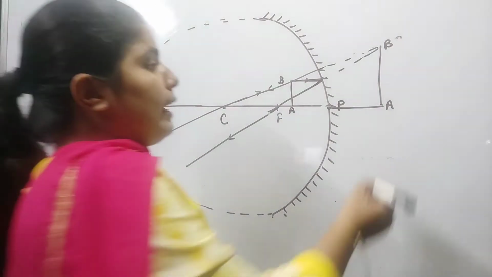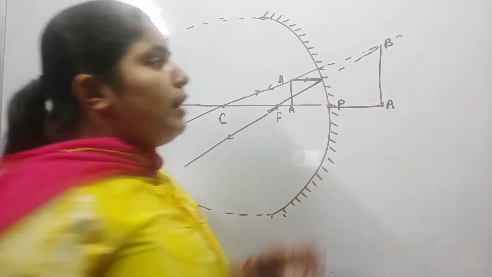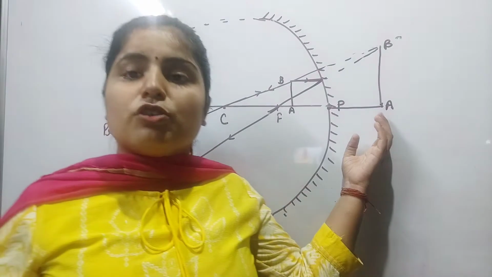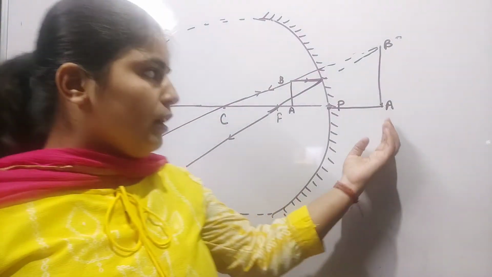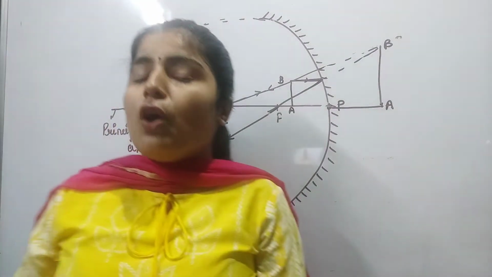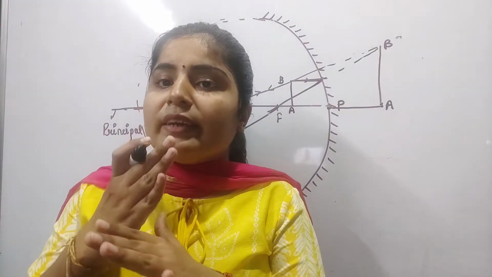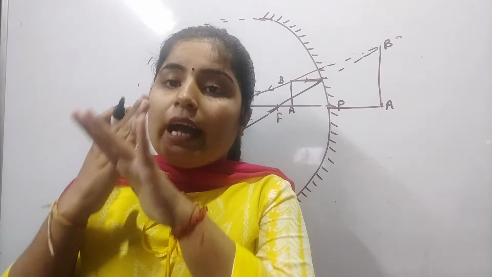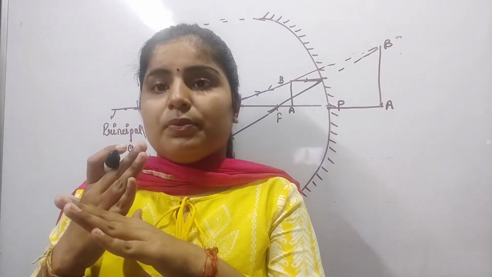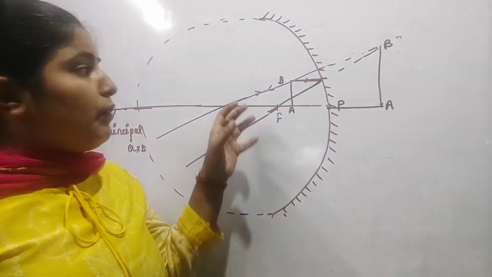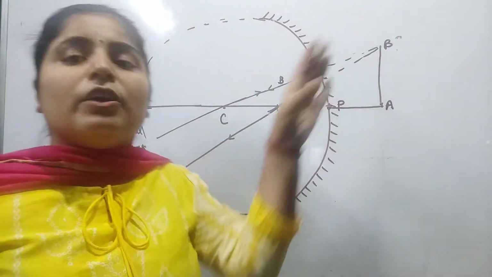The next thing is that the size of the image is greater than the size of the object. The image formed is virtual in nature, because the two reflected rays do not actually intersect each other. Only when we produce them backward do they meet.